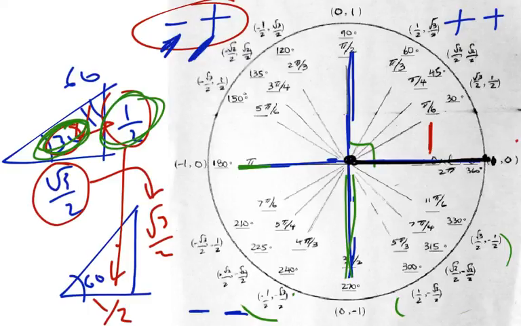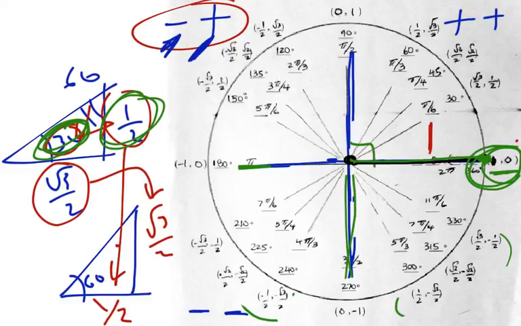Okay, as coordinates, because that's what I'm looking for, on this point, I'm going x 1 and I'm not moving in y. Therefore, the coordinates are 1, 0.